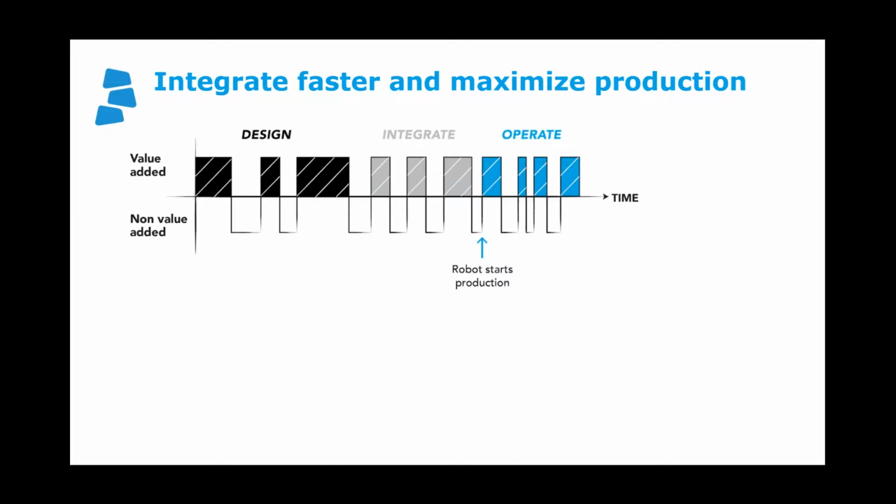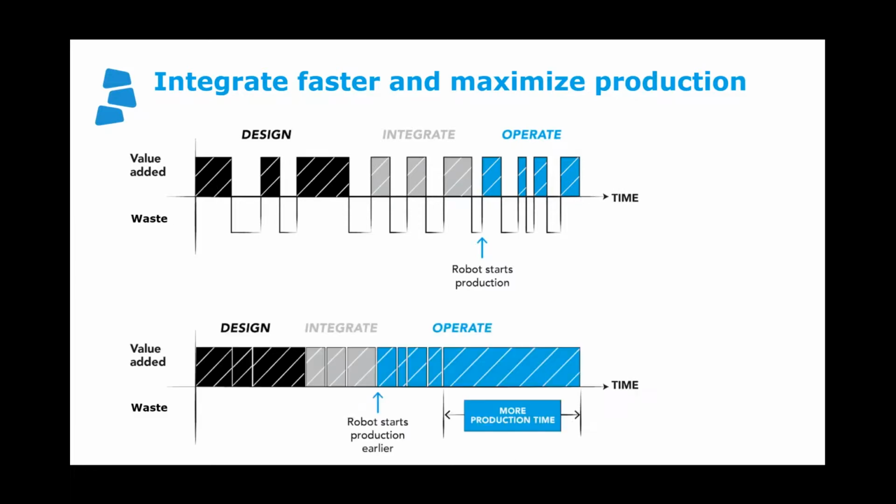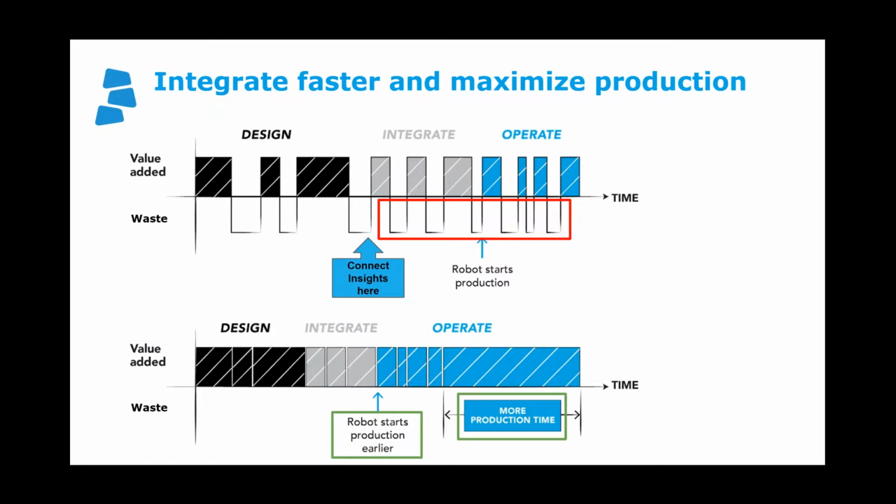Give them the information and the power to act from anywhere at any time. So really, when you start using Insights from the beginning of the integration, you address all of these wastes during integration and operation, and it allows you to start your robot production earlier, and in the end, what we want is to have more production time.